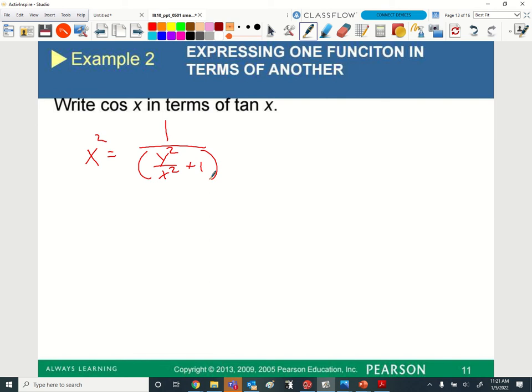Plus or minus. Every single time we have to remember plus or minus whenever I'm square rooting. So x is equal to plus or minus square root of 1 over y squared over x squared plus 1. I know it's weird, but that's what the answer is.